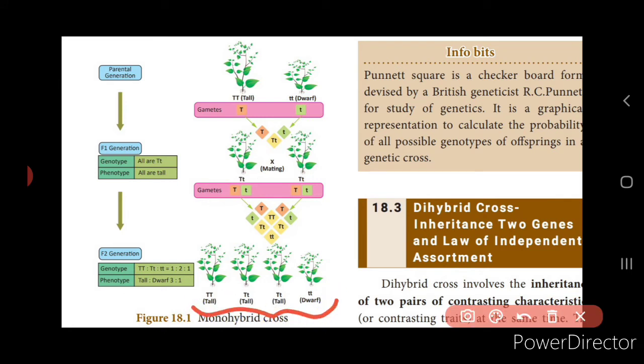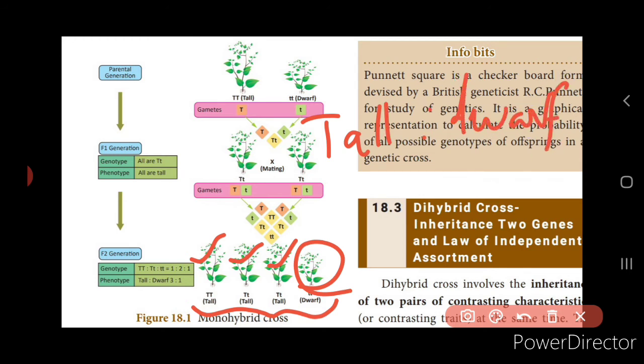Here you can see that 3 plants are tall and one is a dwarf plant, right? So the ratio will be 3:1, and this gives you the external expression of an organism. So this is the phenotypic ratio. So this is about the genotypic and phenotypic ratio.